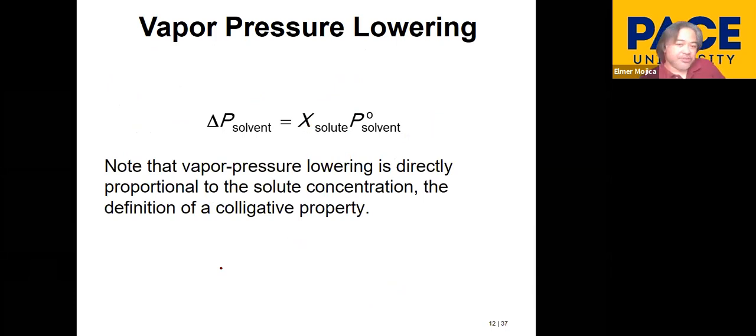Here, the vapor pressure lowering is directly proportional to the solute concentration. So if the concentration of solute goes up, what happens to the change delta P of the solvent? It also goes up.